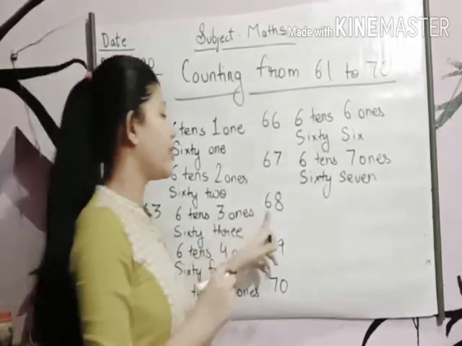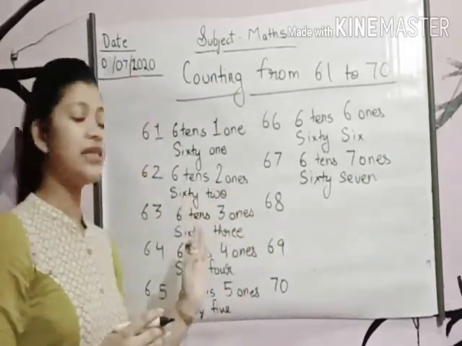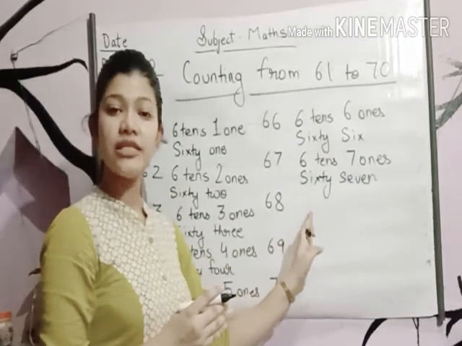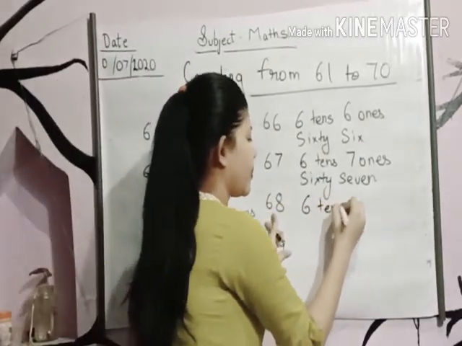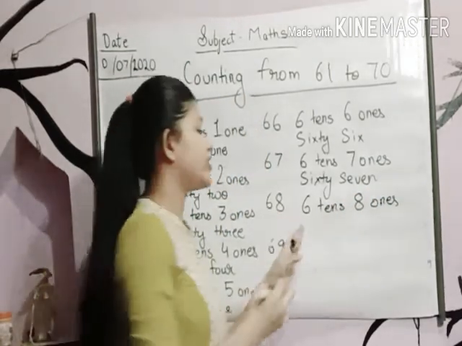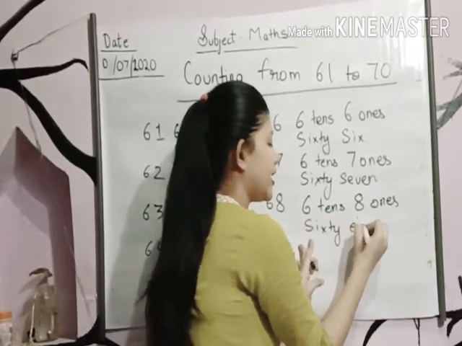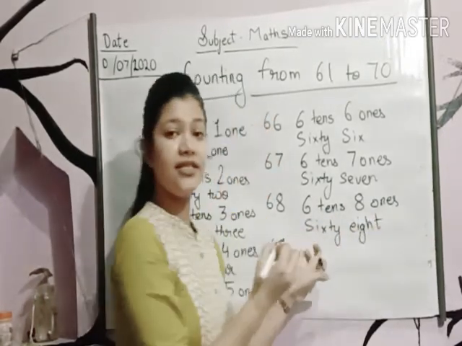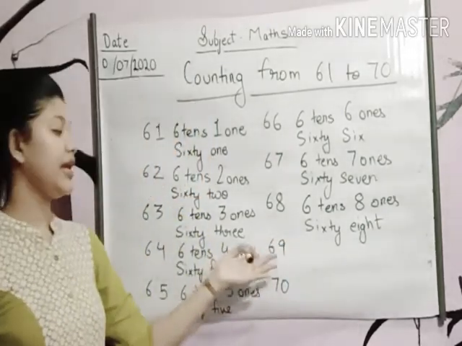Why? Because this also has two digits where 6 is placed at the tens place and 8 is placed at the ones place. So we will write it as 6 tens and 8 ones. Clear? Which can be called 68. Isn't it? Now let's come to the next number, that is 69.